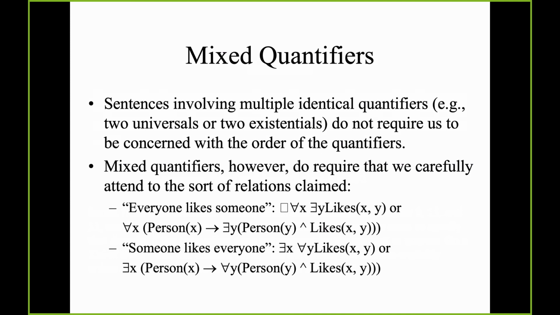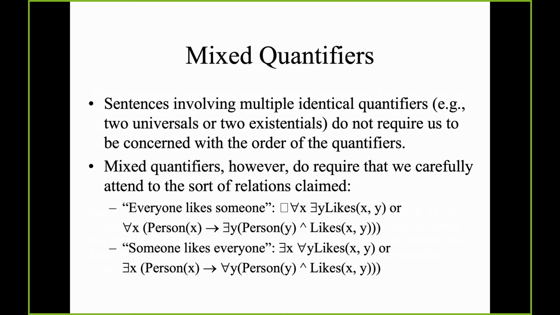So I think you can see the order of the quantifier makes a big difference, right? Everyone likes someone versus someone likes everyone. And then the last thing I want to say is notice that the first translation, universal x, existential y, likes xy, assumes the domain of discourse is restricted to persons.